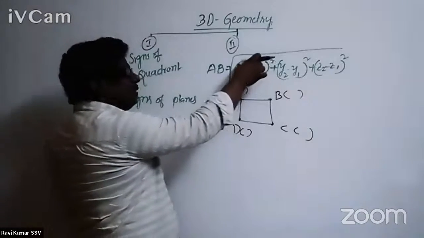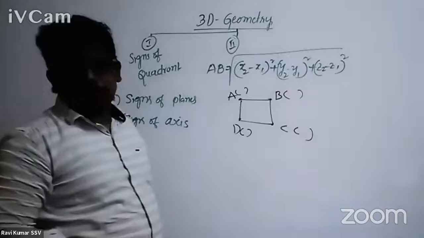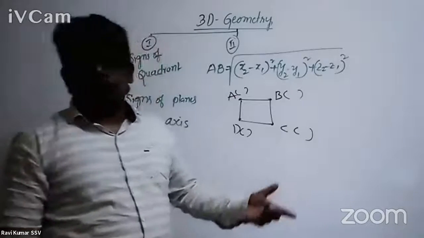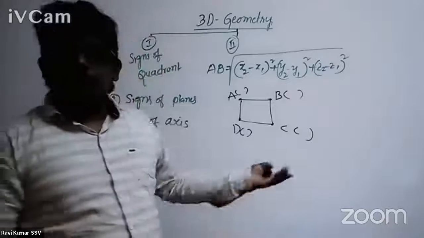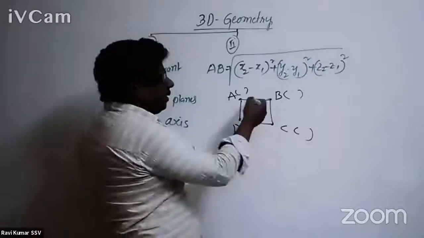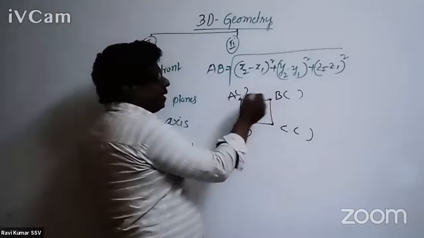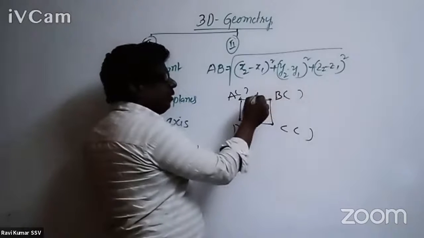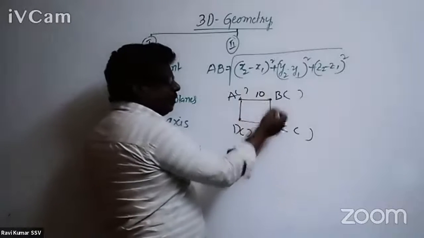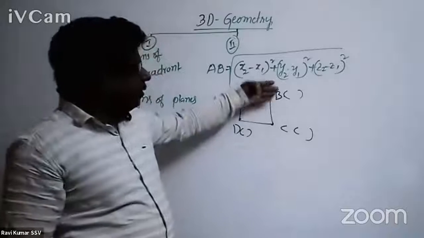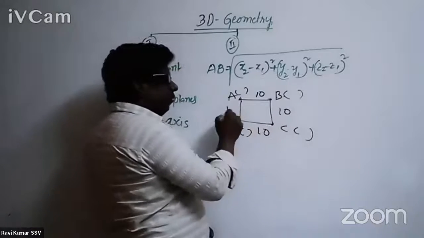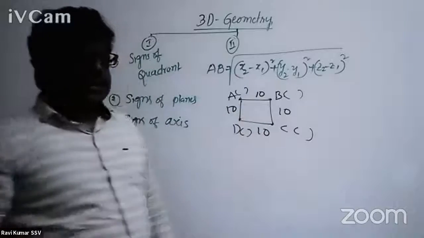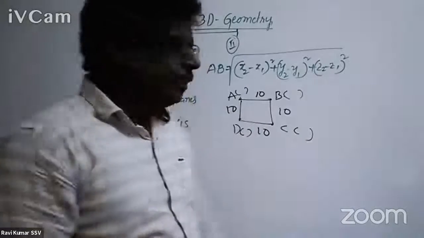By the help of this distance formula, we find out whether it's a square, rectangle, rhombus, parallelogram or trapezium. For example, if we got 10 as the distance between B and C and everywhere the distances are equal, then it is a square.